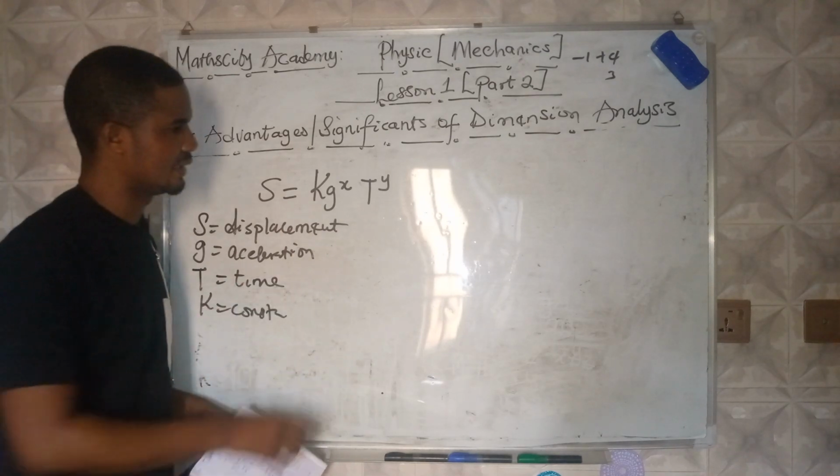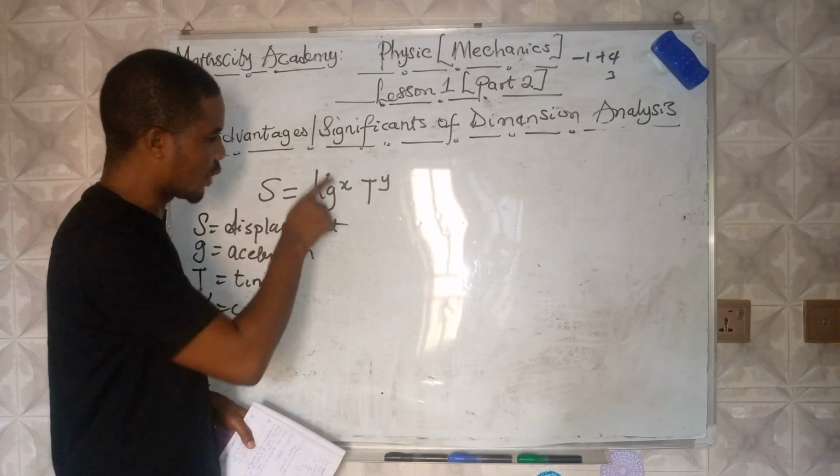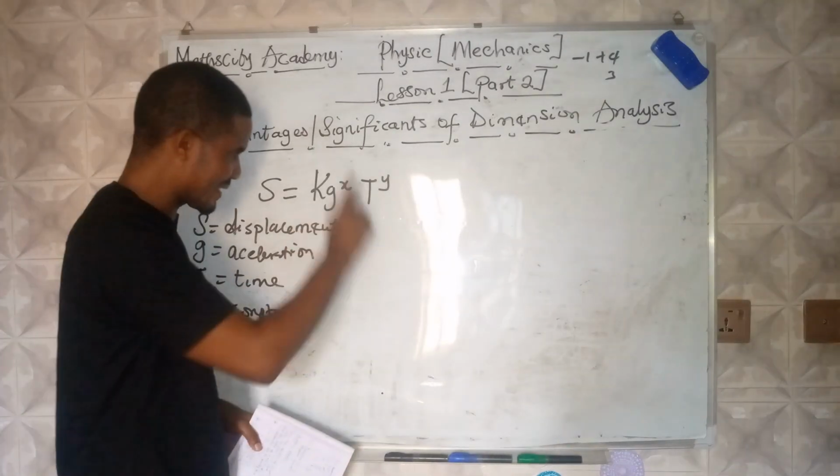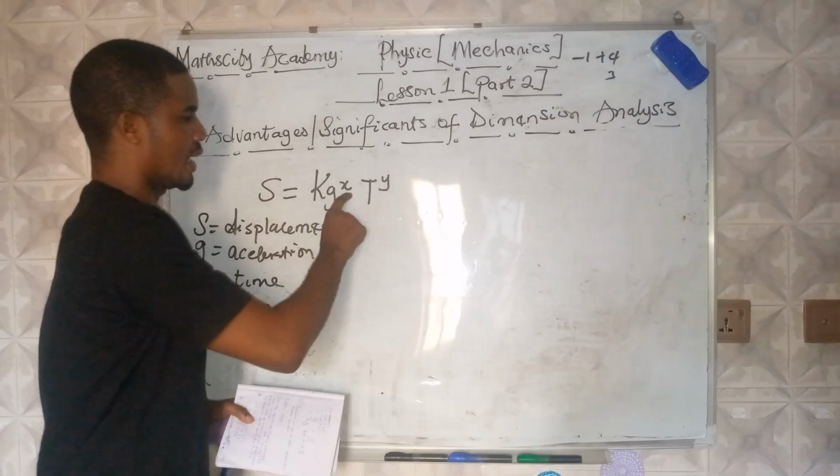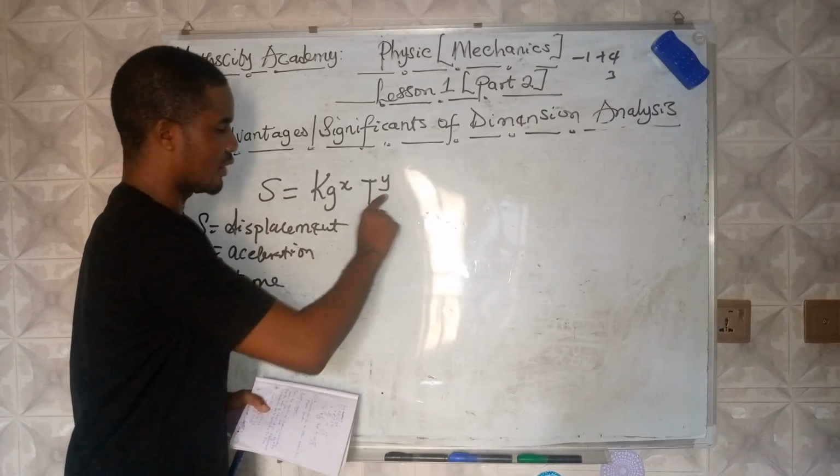Now, for me to know the relationship between g, K, and t, I need to get the power of their exponents. I'm going to look for the value of x and the value of y.